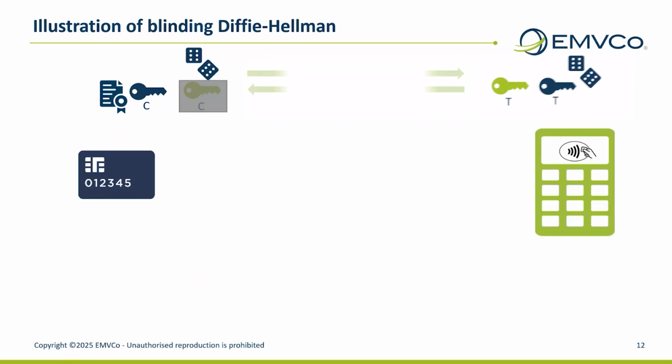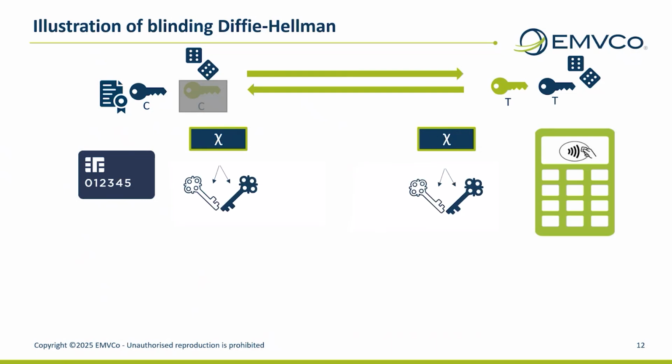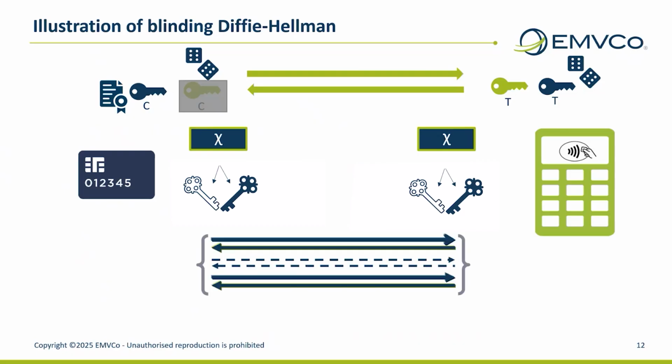They then perform Diffie-Hellman to establish a shared secret, actually an x-coordinate of a point on an elliptic curve from which they derive AES session keys, one for integrity protection and one for encryption, thereby providing for a secure channel for exchanging data between card and terminal.